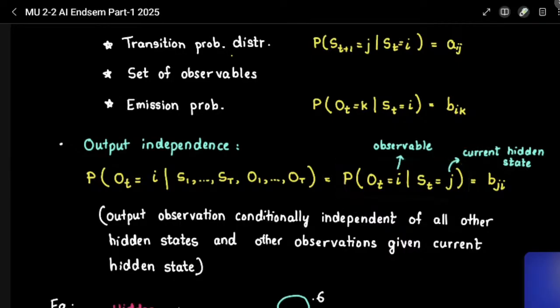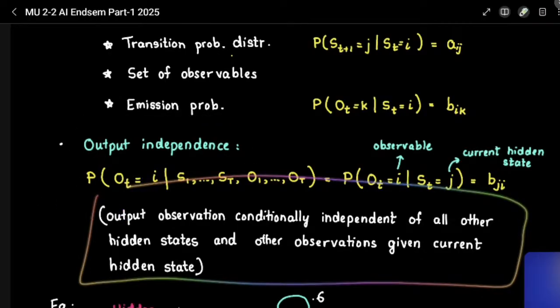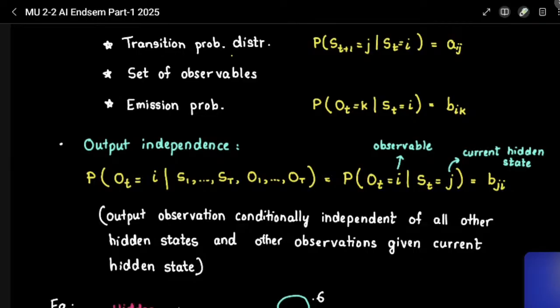This is happening because we made the output independence assumption, which is nothing but this mouthful of a thing. At time t, you observed I happening, so I is the observable.